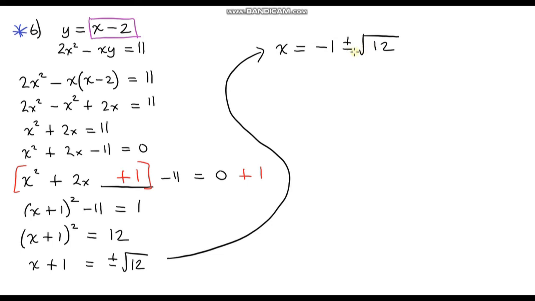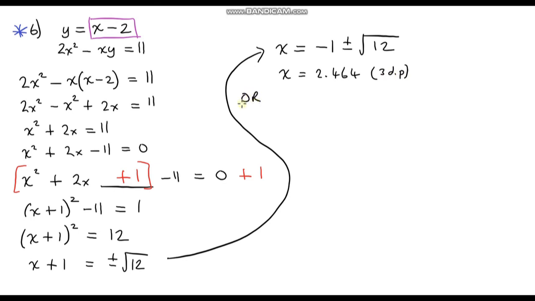Now, to work out our two solutions, we do now need a calculator. So one of our solutions is going to be negative 1 plus root 12, and the other one's going to be negative 1 minus root 12. So after putting this into a calculator, we get x is equal to 2.464. I'm just rounding that to 3 decimal places.